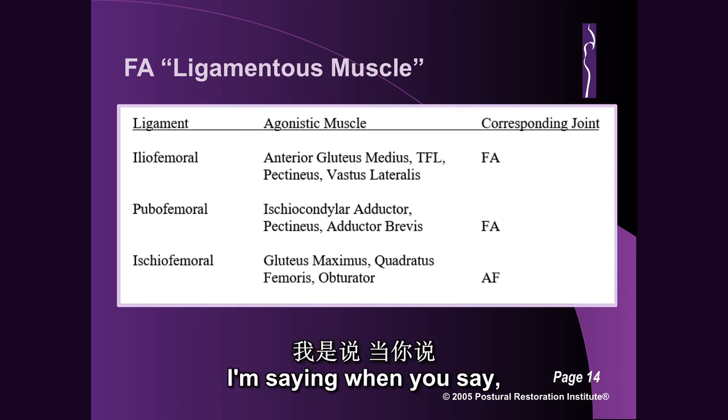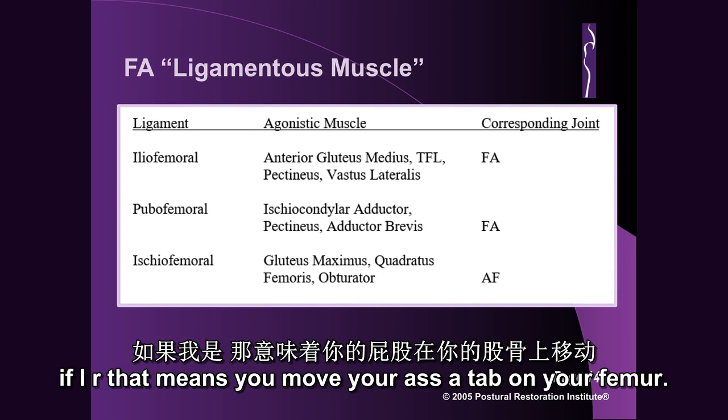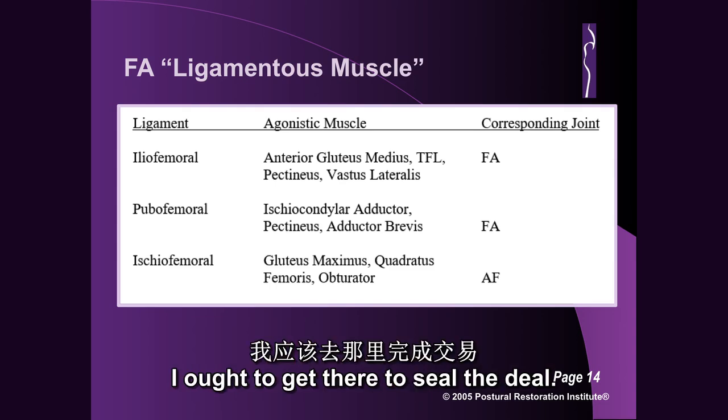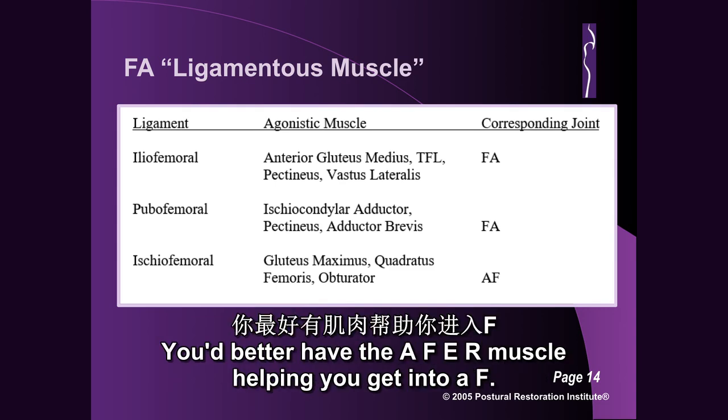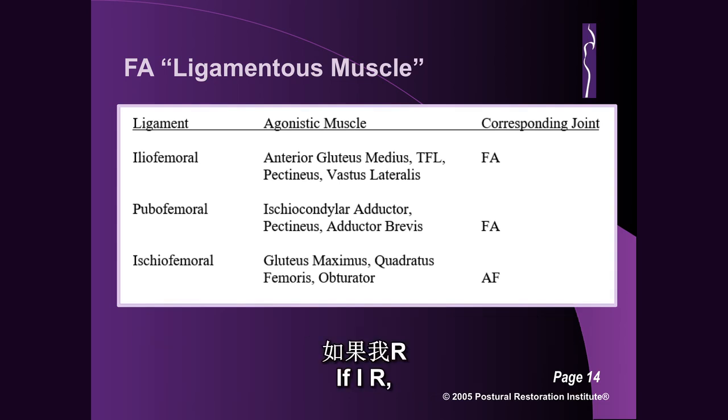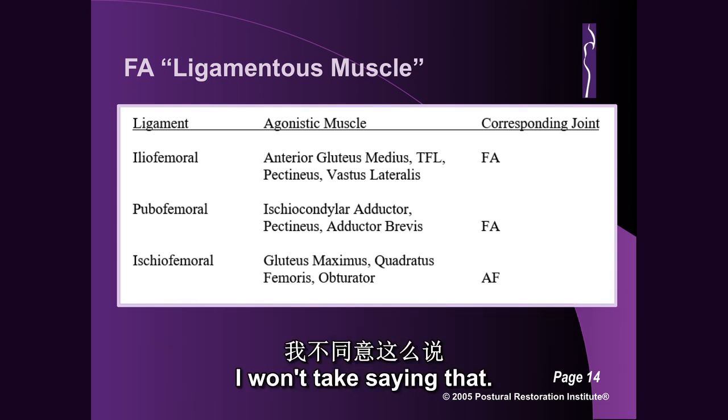I'm saying when you say AFIR, that means you moved your acetabulum on your femur, but you realized you needed FAIR to get there. To seal the deal, you better have the AFER muscle helping you get into AFIR on the other side. More FAIR isn't going to give you better AFIR. I'm on tape saying that.